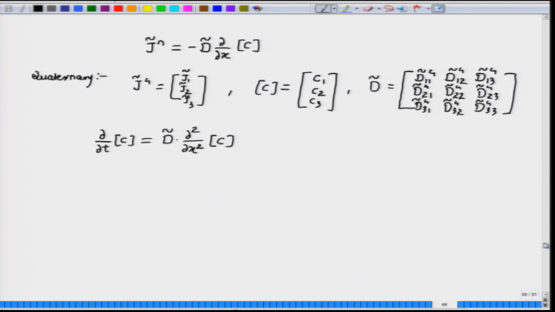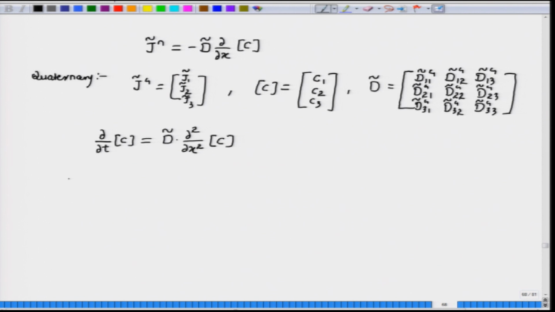Now, to make it even simpler, let us try to transform the original matrices into a new form. Let us call this new form a cap basis, right. So, what we do? We have to first define what we call a similarity transformation matrix for D tilde.